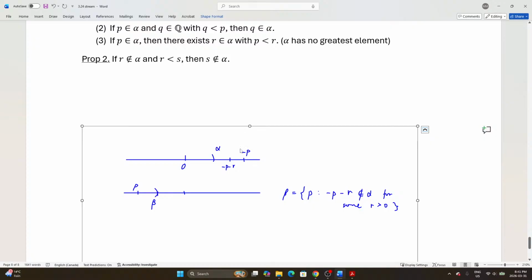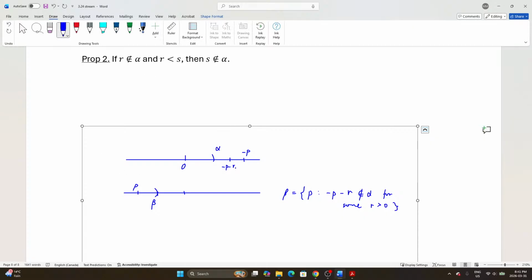Okay, so this is our minus p, and the minus p minus r. Minus p minus r is in beta, right? No. p plus r. I want to show that. So minus p minus r is here.